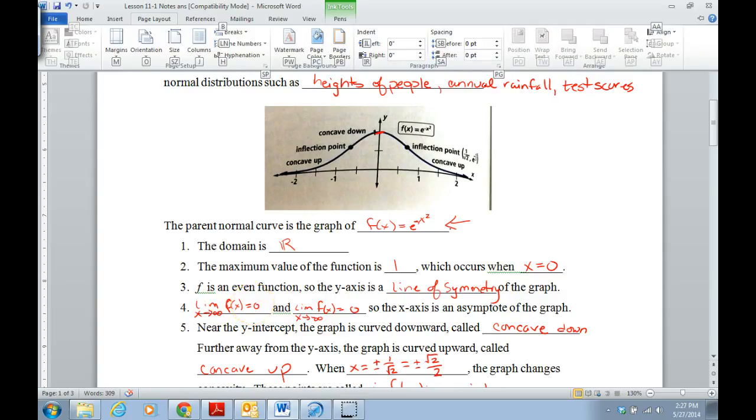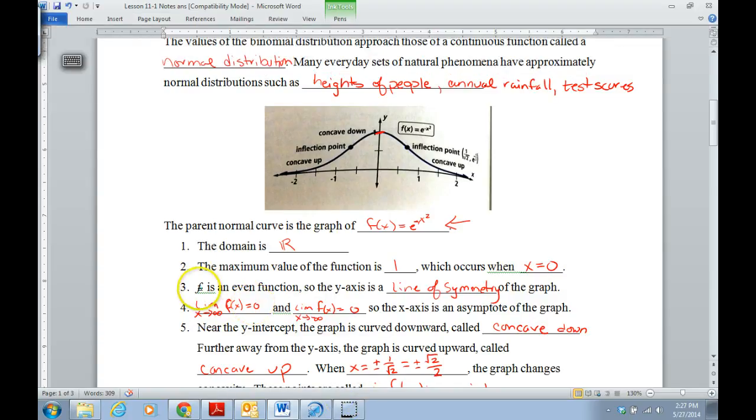f is an even function so that the y-axis is the line of symmetry. You can see that it's a mirror image of itself based on the y-axis. Okay? The limit as x approaches infinity of f of x is 0. So as you go further and further to the right, this approaches 0 but never quite reaches it.